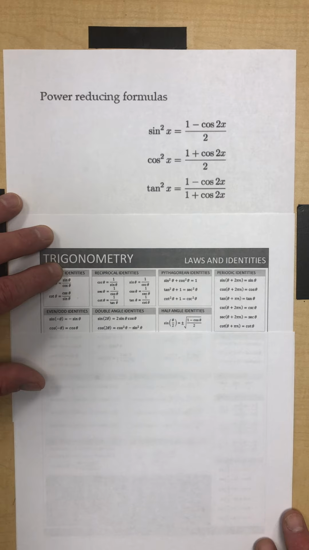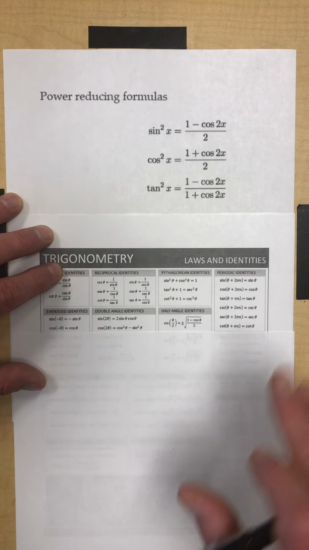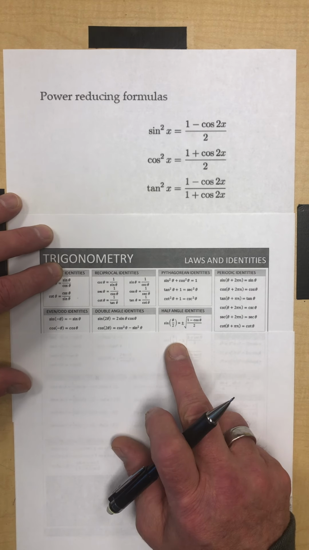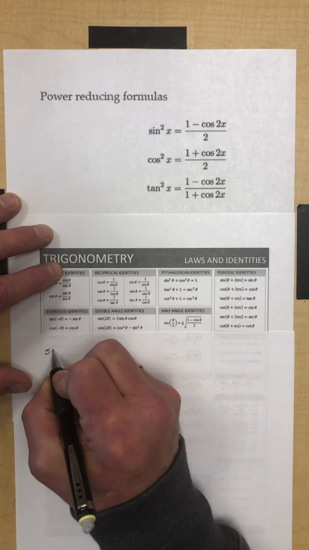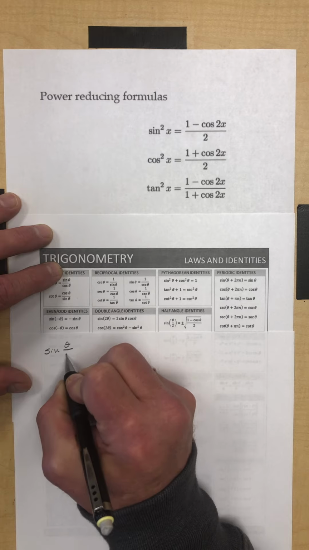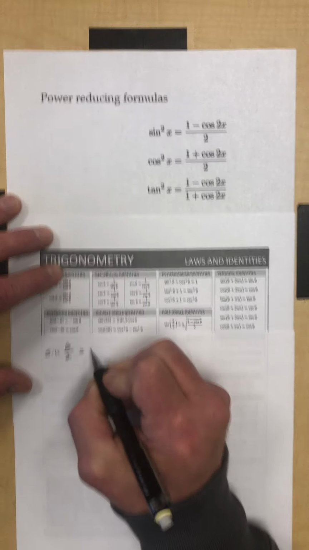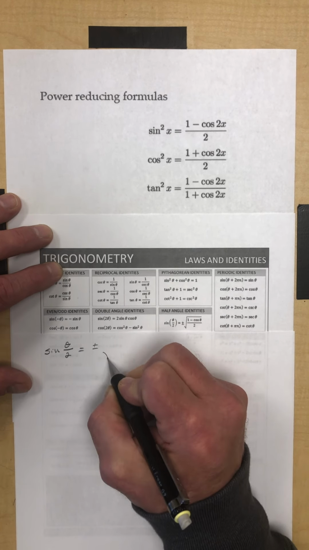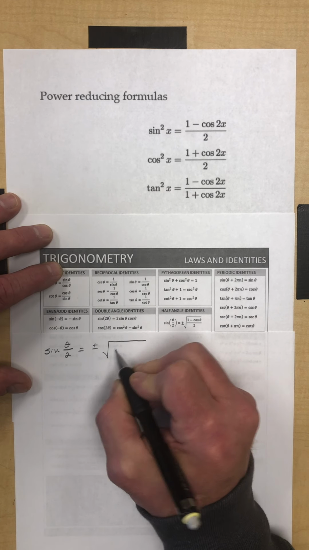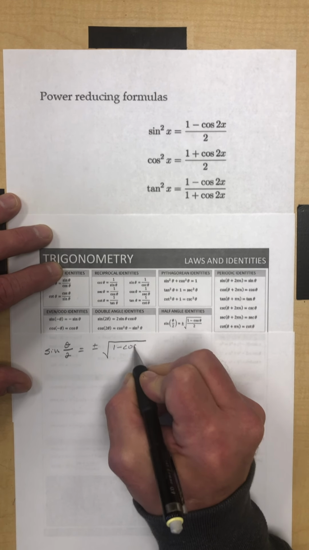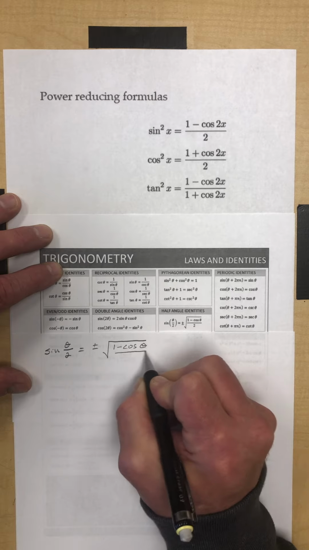So if you go to this half angle identity, which you have, we have sine of theta over 2 equals plus or minus the square root of (1 minus cosine theta) over 2.